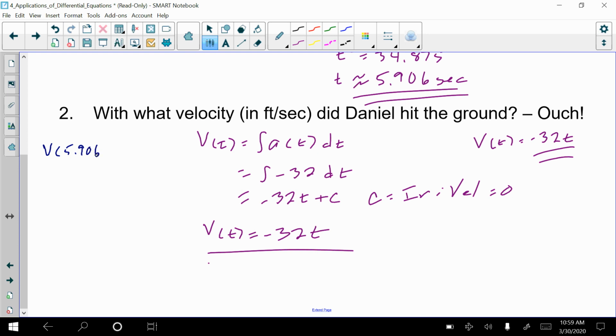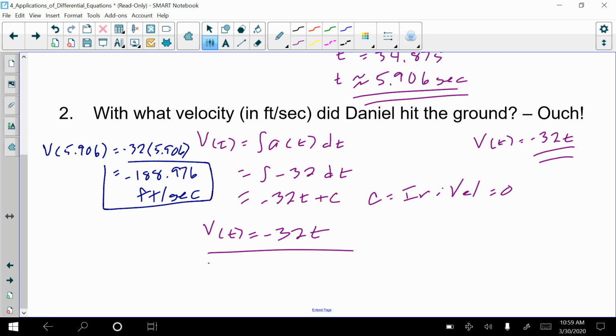So we'll say v of 5.906. I'm just writing that number to abbreviate it; we save that number in our calculator. We use the saved number to be equal to negative 32 times 5.906. When you type that into your calculator using your saved number, you get negative 188.976 feet per second.